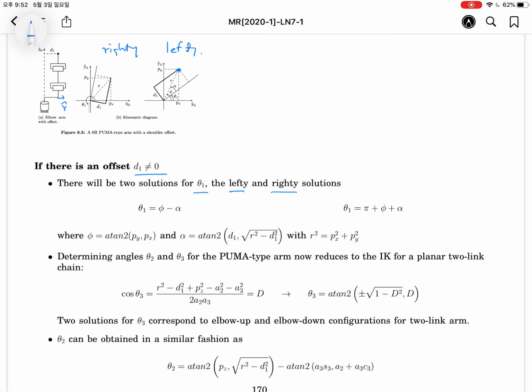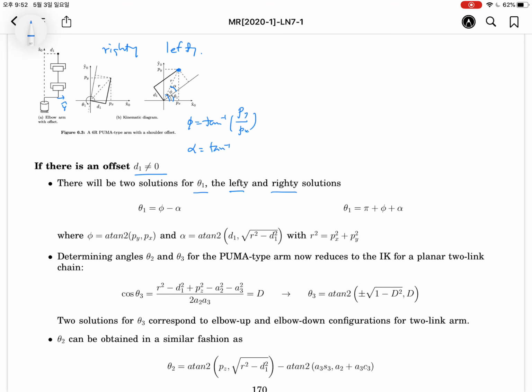This point is determined from the Cartesian coordinates px and py. So it will be denoted by phi, and phi minus alpha will be equal to theta 1. Phi will be denoted by the arctangent of py over px.